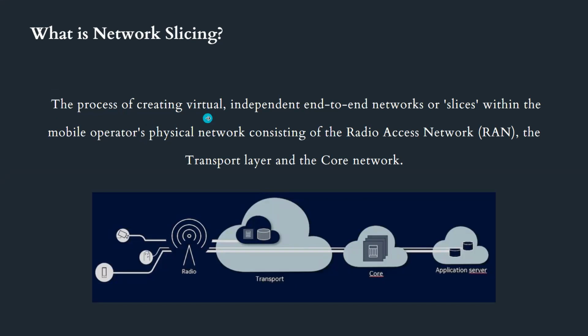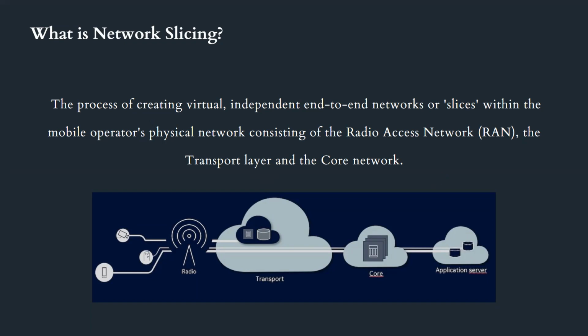The definition given for network slicing is that it's a process of creating virtual, independent, end-to-end networks or slices within the mobile operator's physical network, consisting of radio access network, transport network, and core network.